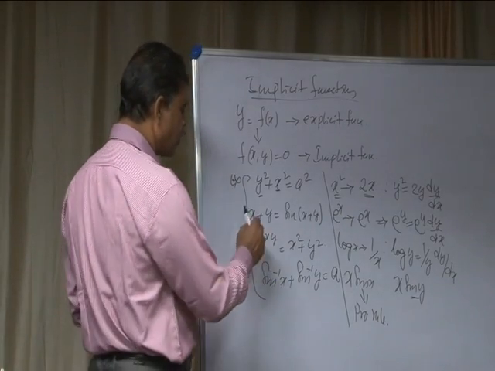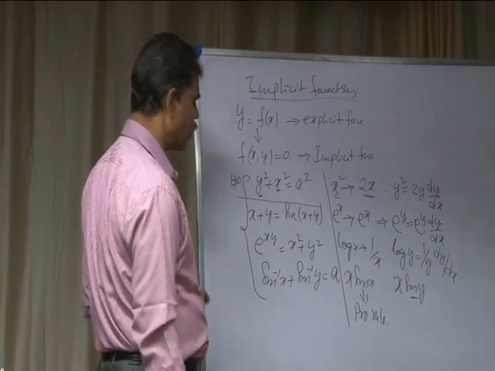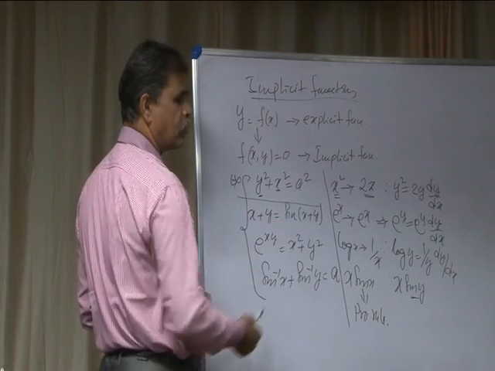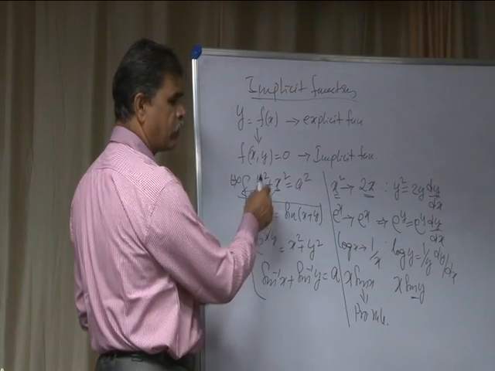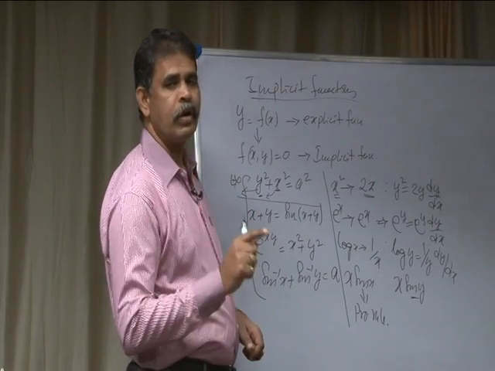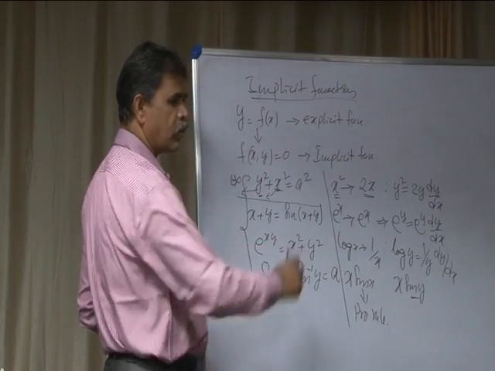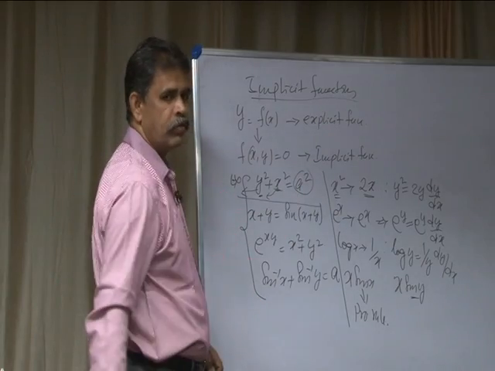You see the given examples. Suppose I take y square plus x square is equal to a square. Here differentiation takes place on both sides. How to differentiate y square? We put 2y into dy by dx. How to differentiate x square? It is already known, it is 2x. Differentiation of a constant is 0.